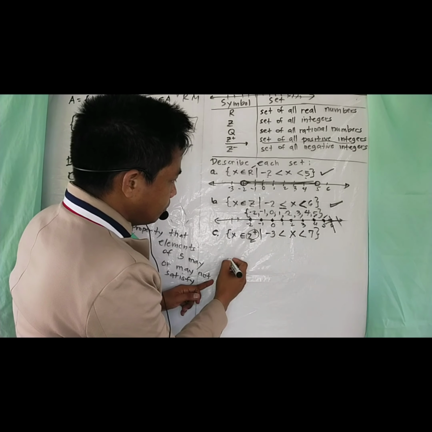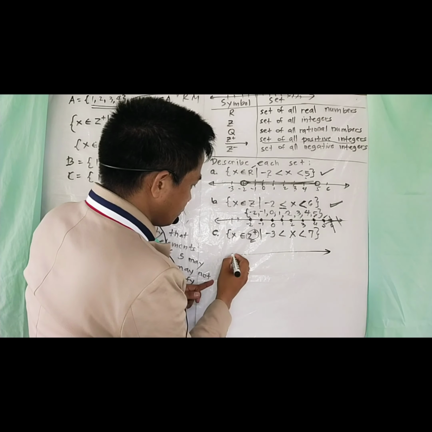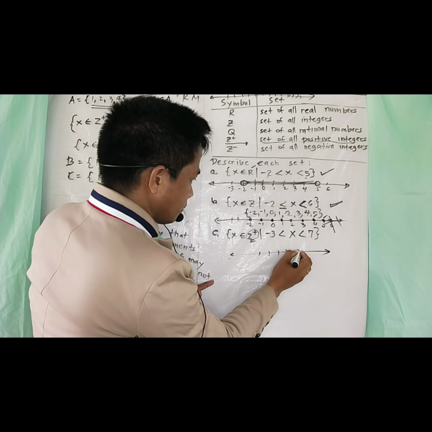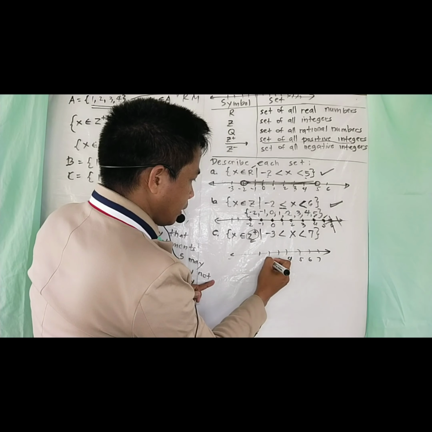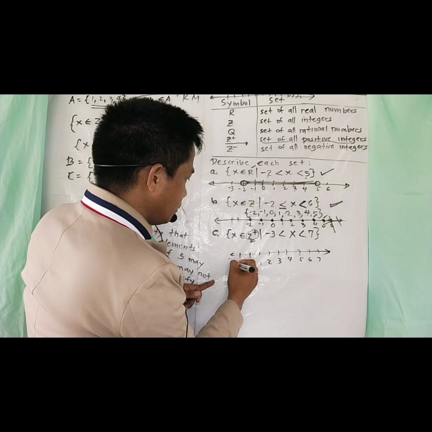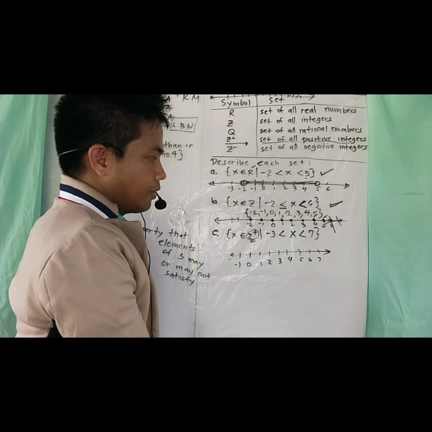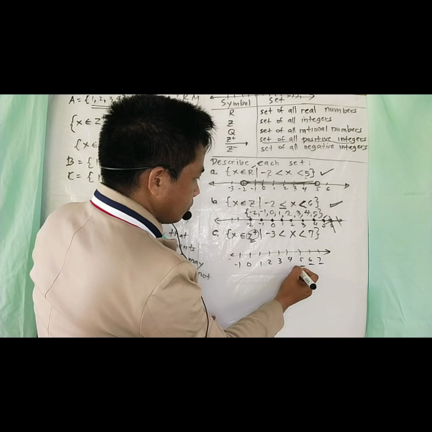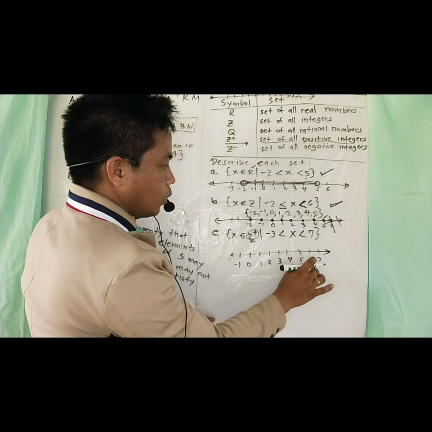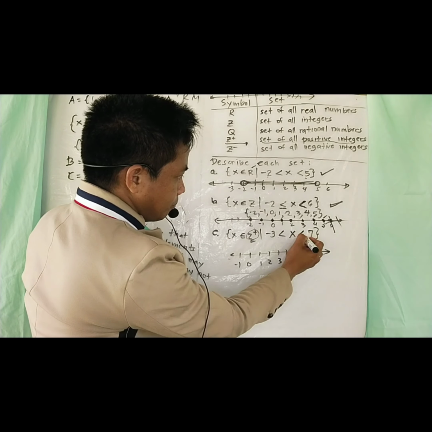So we have, in the number line again, 7, 6, 5, 4, 3, 2, 1, 0, negative 1. What are the numbers less than 7? So we have positive 7, 6, 5. By the way, 7 is no longer part, kasi the element must be less than 7.